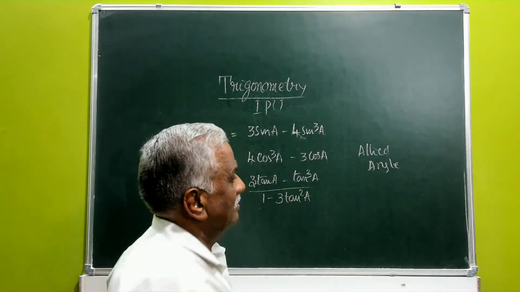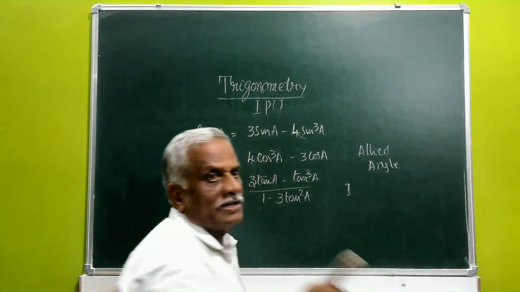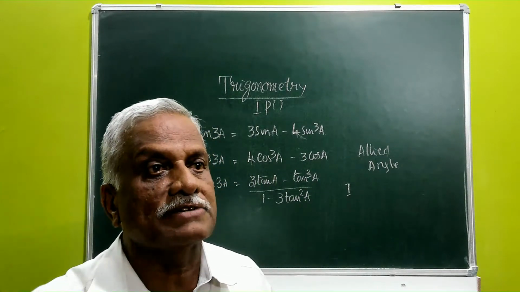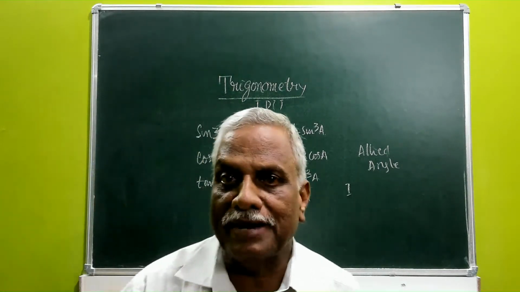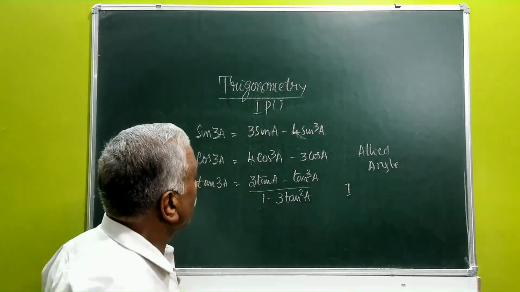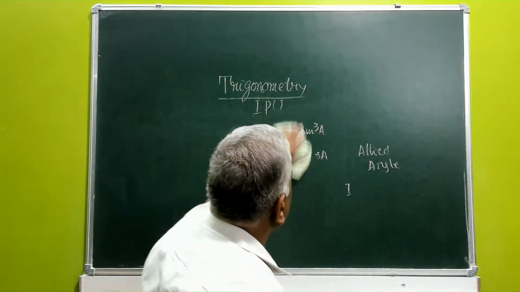Just repeat. First step, odd multiple of 90 plus or minus theta, the trigonometric function will change. Even multiple of 90 plus or minus theta, the trigonometric function will not change. The sign will depend on the quadrant. Then you can work any problem.